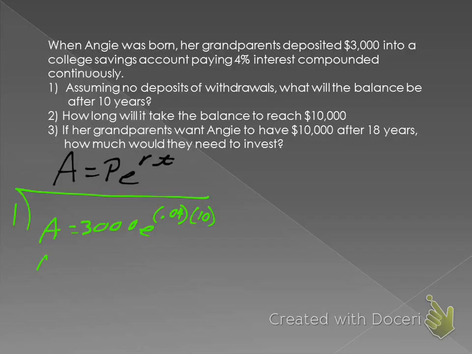So simplify your exponent. A equals 3,000 times E. 0.04 times 10 gives you 0.4.